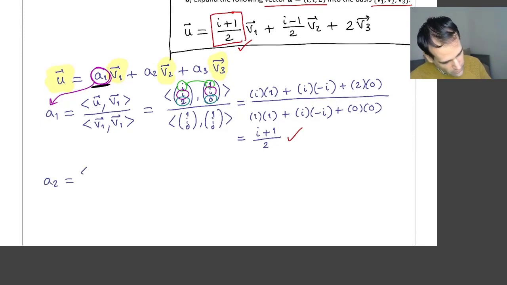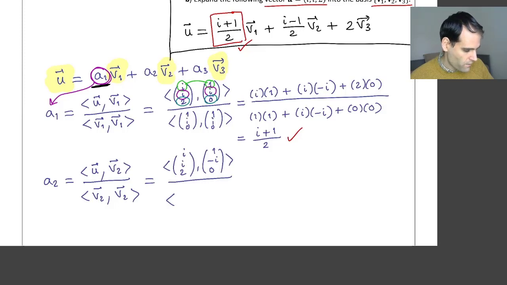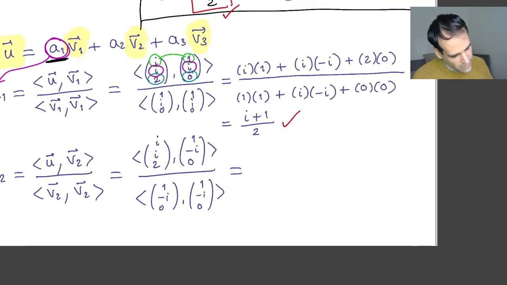a2 equals u inner product with v2 divided by v2 inner product with v2. So this is equal to the inner product of i, i, 2 with 1, minus i, 0, divided by the inner product of 1, minus i, 0 with itself. Once again, let me do it in a single step.